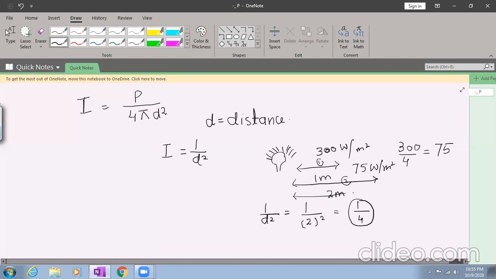If I make my distance 3 meter, here at this point I am finding light intensity 3 meter away, so that will be what? Again put that value in the formula, so that will become 1 over 3 squared, so it will become 1 over 9, right?